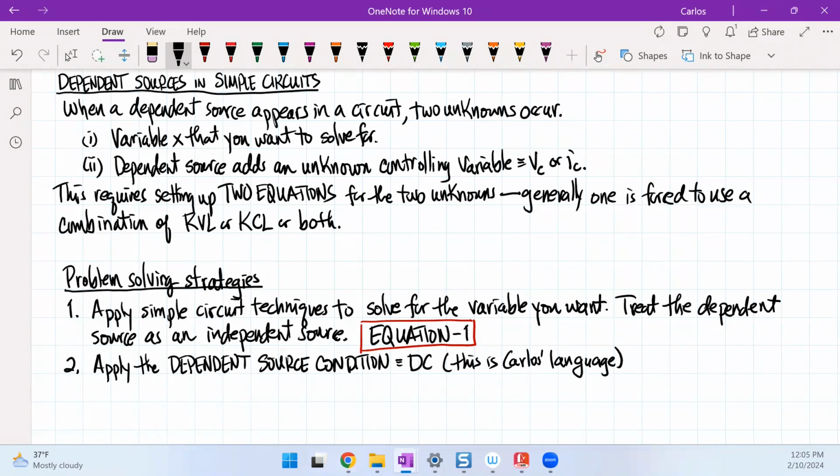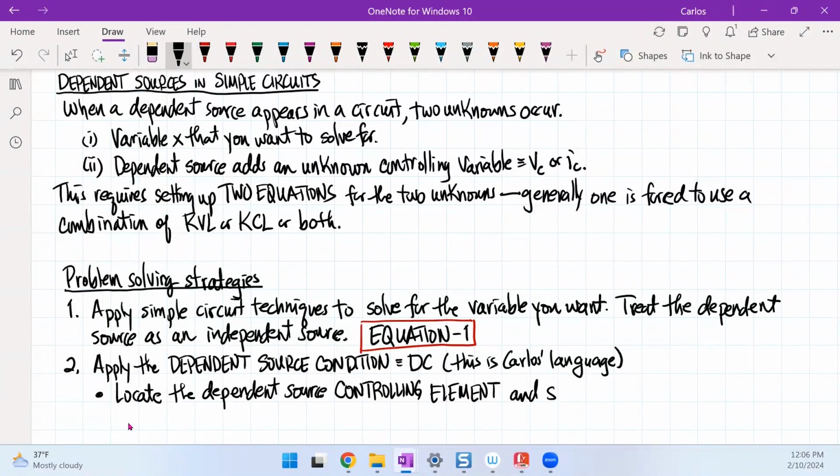So now, here we go. Locate the dependent source controlling element, of course, in the circuit, and see how it is defined.